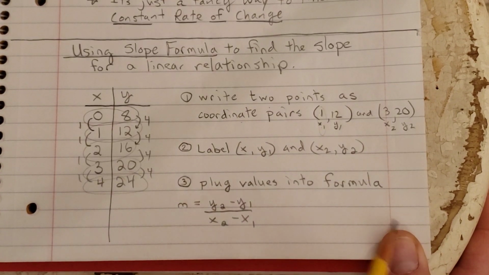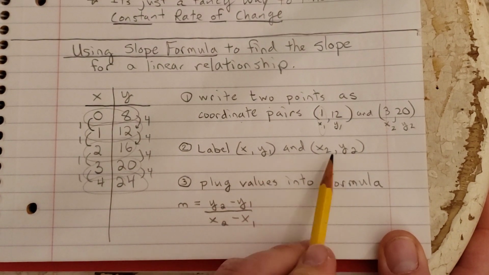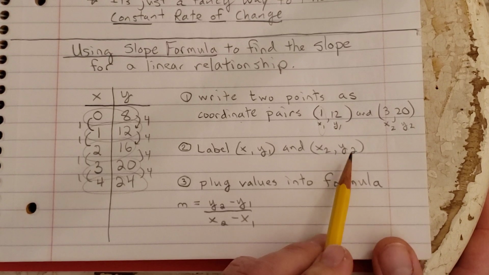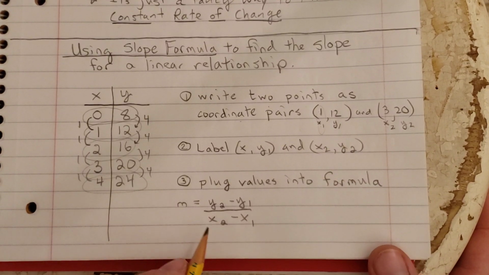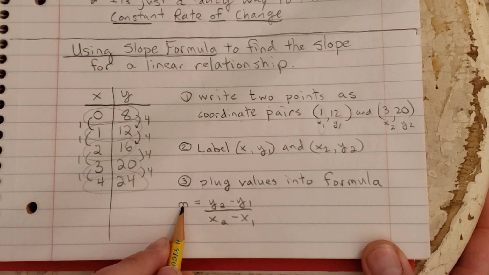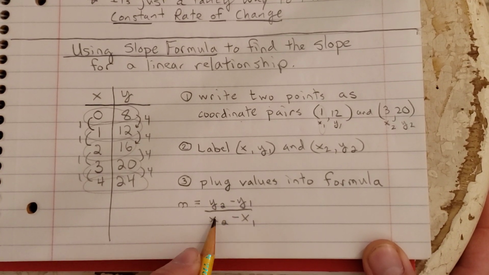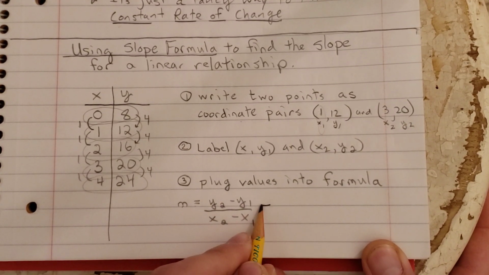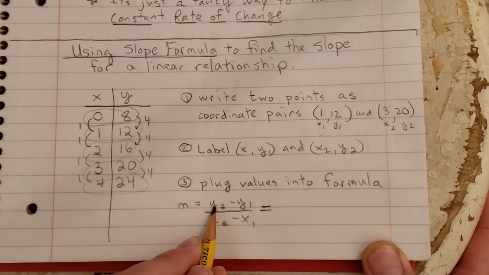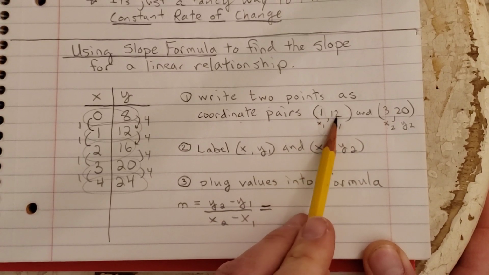Now once we've labeled them x1, y1 and x2, y2, we're just going to substitute into our formula. So we have the slope equals the difference in the y's over the difference in the x's. So we're going to replace y2 with, well, which one of these is y2?